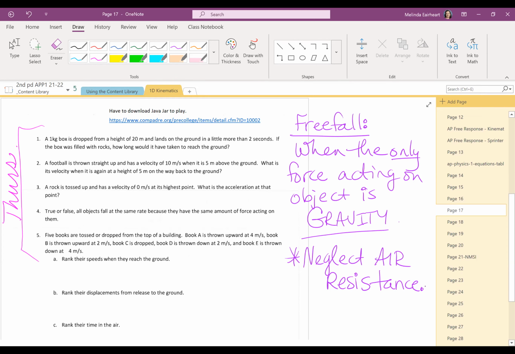And so that distance was about 17, 18. So, you know, give another meter to the ground and then maybe another meter to the roof. So, you know, the height of this building, 20 meters. And it lands on the ground a little more than 2 seconds. If the box is filled with rocks, how long would it take to reach the ground?